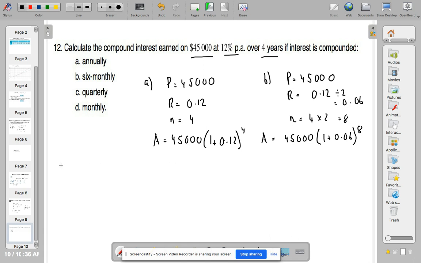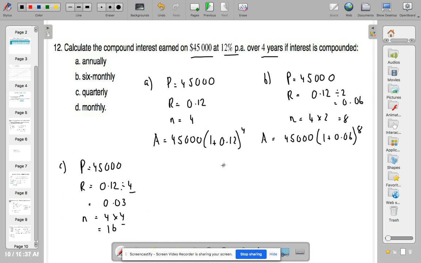Part C is quarterly. So the principal will be 45,000. The rate, I haven't worked out the answers to any of these yet, we'll get to that in a minute, will be 0.12, and because it's quarterly, divide by 4 equals 0.03. The number of compounding periods will be 4 years multiplied by 4 equals 16. So notice once again, because it's quarterly, we divide the interest rate by 4 and we multiply the number of years by 4.